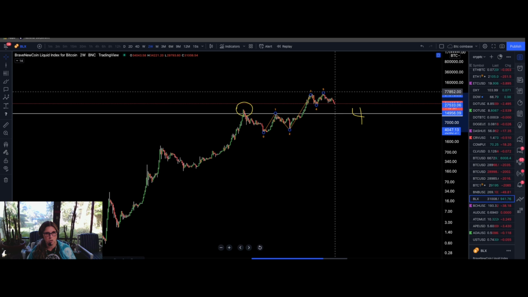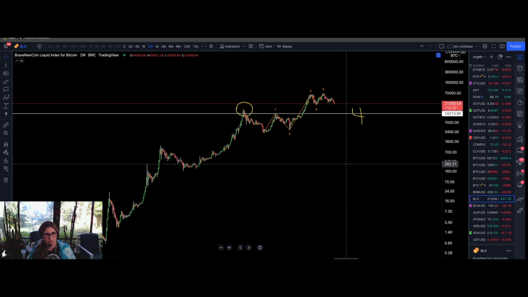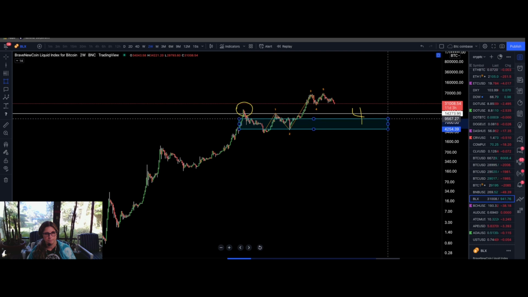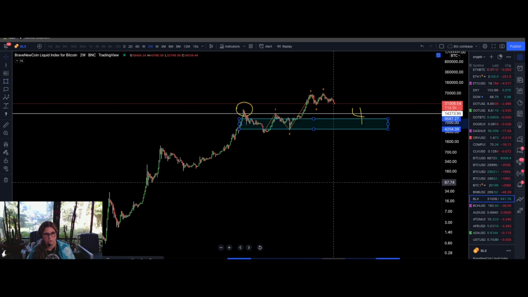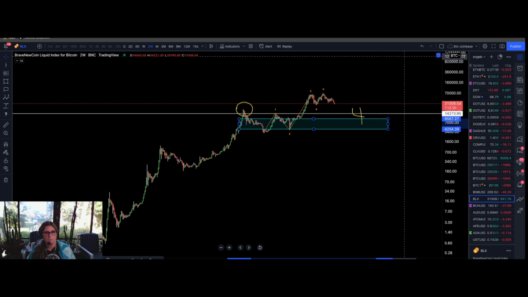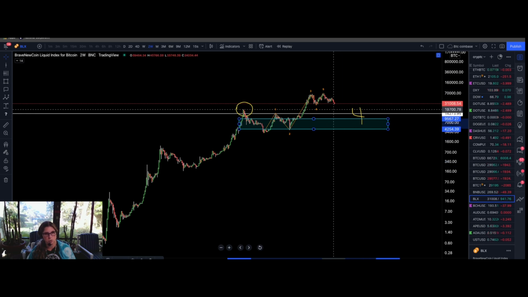The 5 was over, and now we're coming down for a higher degree 4. And we don't want to break this area of the lower degree 4. Yes, we would still go up for a big 5th wave. It just would get more ugly and we would come deeper.